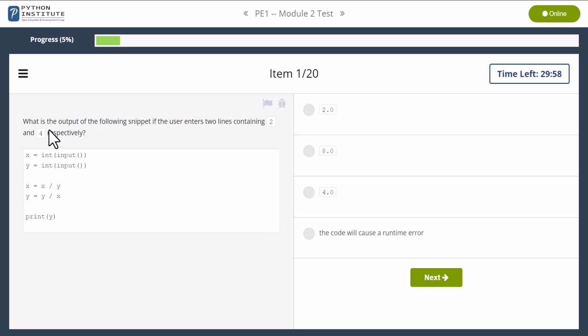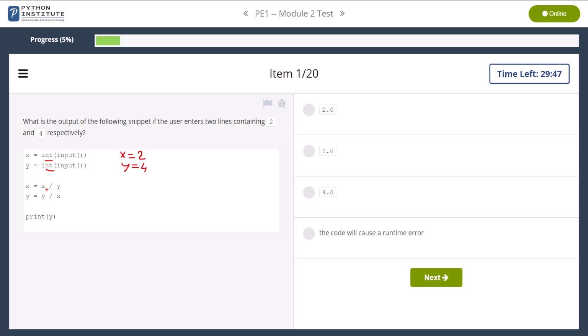Question number 1. What is the output of the following snippet if the user enters two lines containing 2 and 4 respectively? Okay, so x will be 2, and y will be 4 initially, and they both are integers.